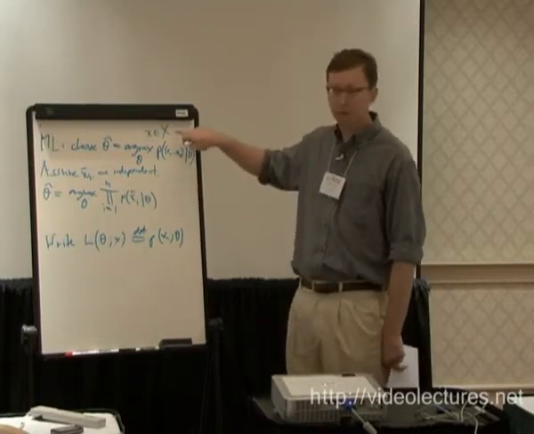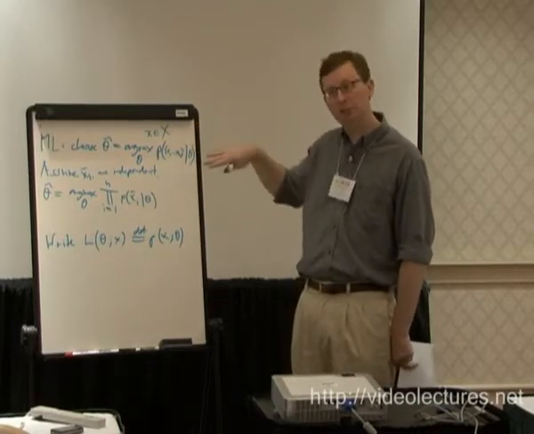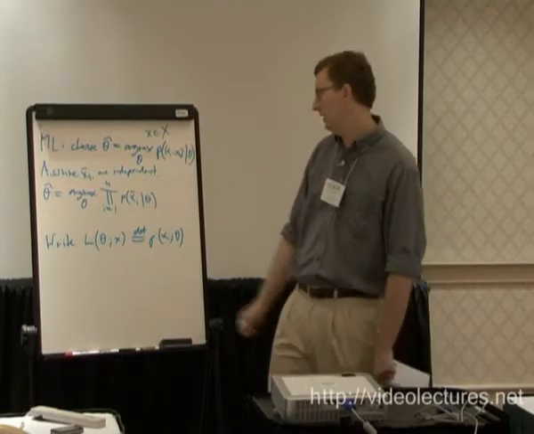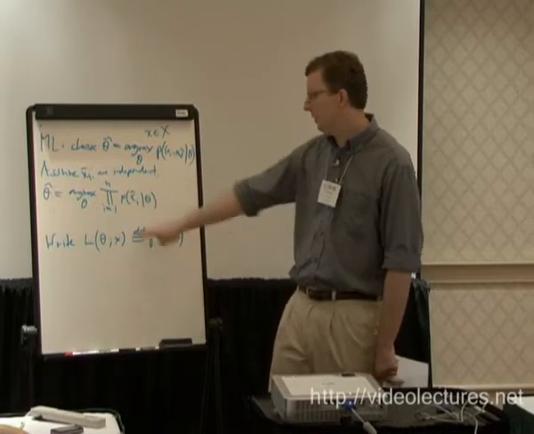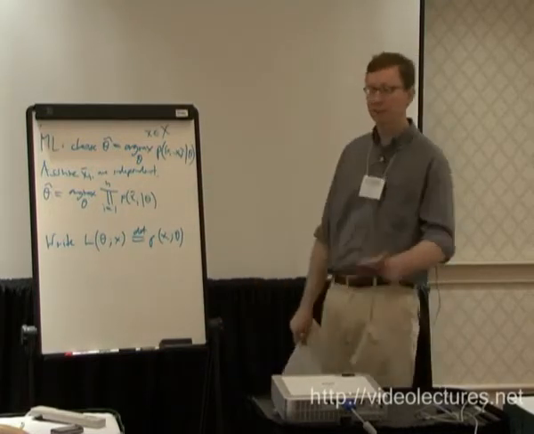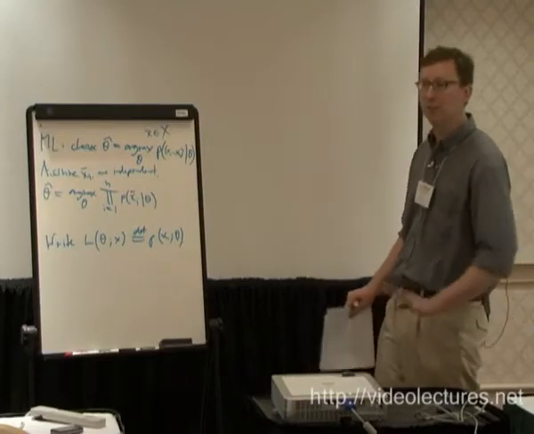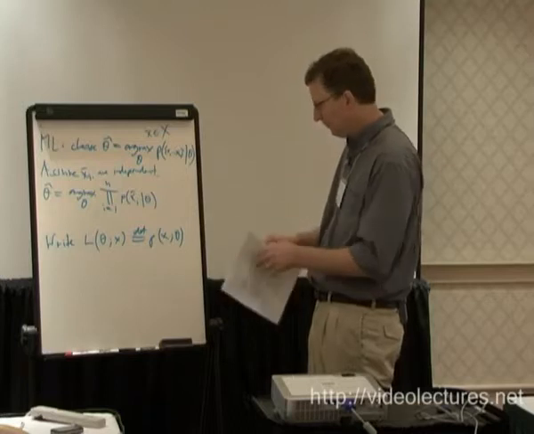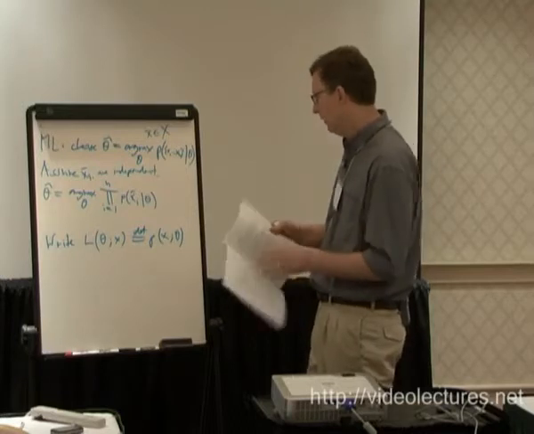If the x's belong to a continuous space, like Euclidean space, then the probability densities can be bigger than 1. And so actually the likelihood can be bigger than 1. So it's not a bug in your software if the maximum likelihood is bigger than 1. Okay.